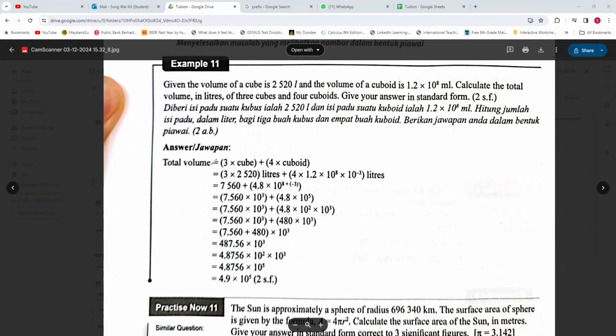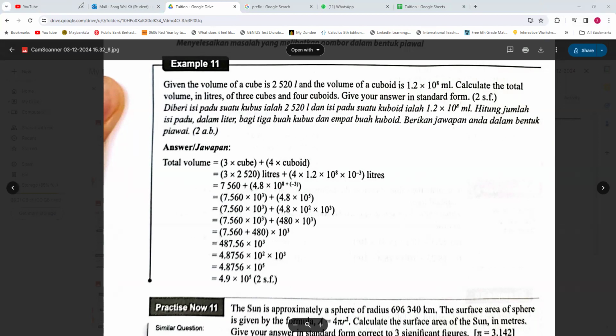Given the volume of a cube is 1,520 liters and the volume of a cuboid is 1.2 times 10 to the power of 8 milliliters. Calculate the total volume in liters of the 3 cubes and 4 cuboids. Give your answer in standard form. Two significant figures.